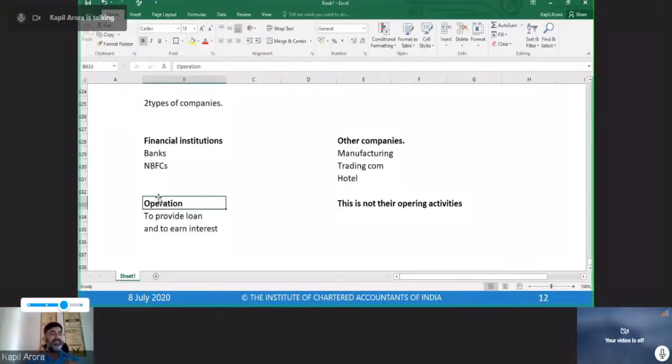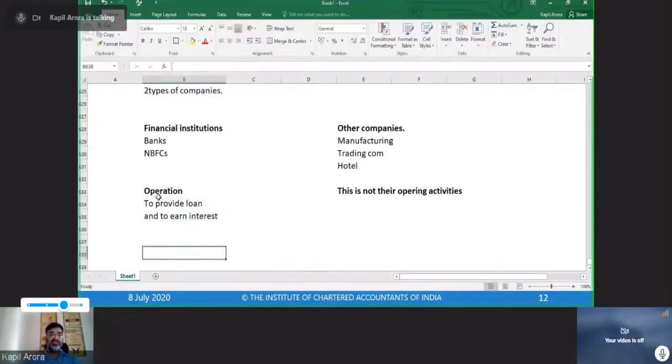Now, banks, NBFCs, all the financial institutions, their operation is to provide loans and to earn interest. So these activities will fall under operating activities.